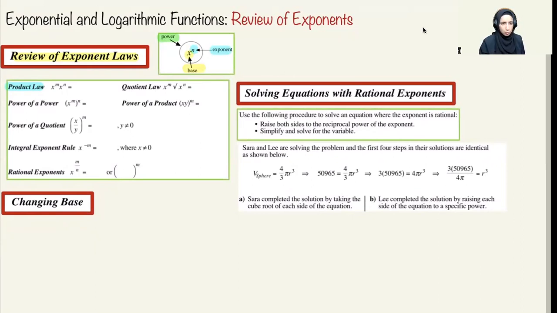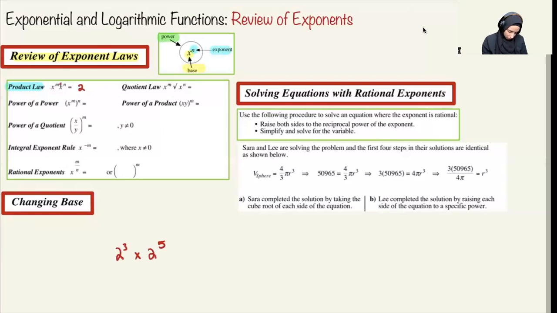So when we talk about the product law, over here we can see that they have the same base, right? With these laws, generally if they have the same base, then we're going to apply a certain law. So over here they have the same base, x times x. If I say, for instance, 2 to the power of 3 multiplied by 2 to the power of 5, since they have the same base, we're going to use that same base and add their exponents.